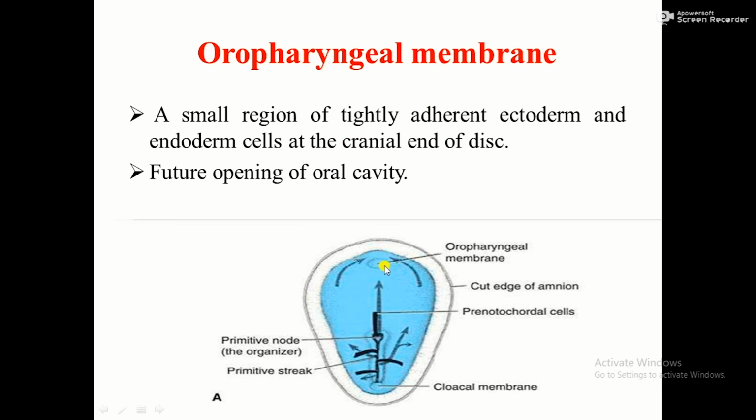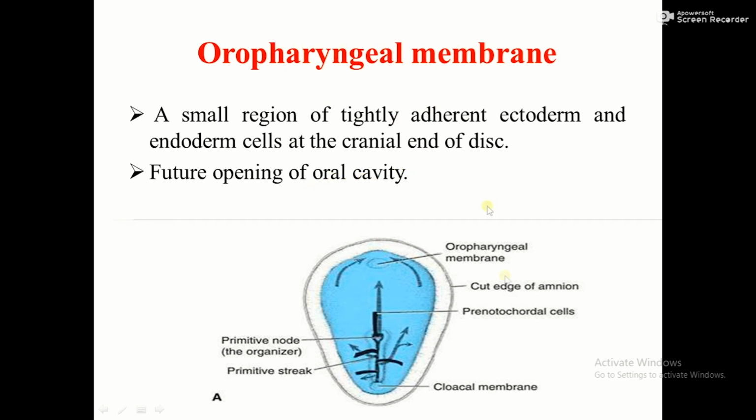This is a membrane that in the future will form the opening of the oral cavity. So what is the origin of the oropharyngeal membrane? You will tell me ectoderm and endoderm. So ectoderm and endoderm in the cranial end form the oropharyngeal membrane.